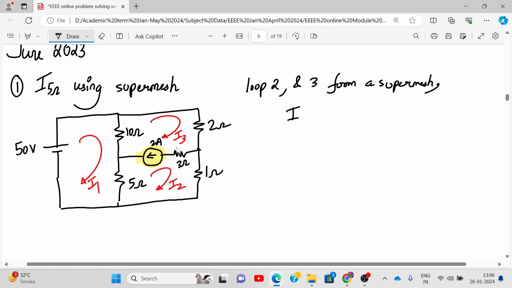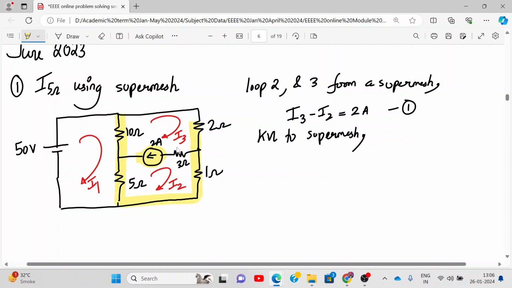Now what is the equation of this current source relation? Is it I3 minus I2 or I2 minus I3? I3 minus I2 is 2 ampere. So this is equation number 1. Then KVL to the super mesh. Where will we apply KVL? Around the loop, here, the yellow portion.